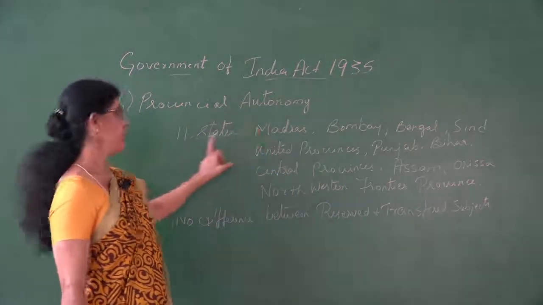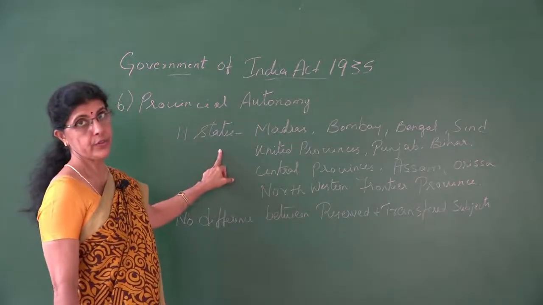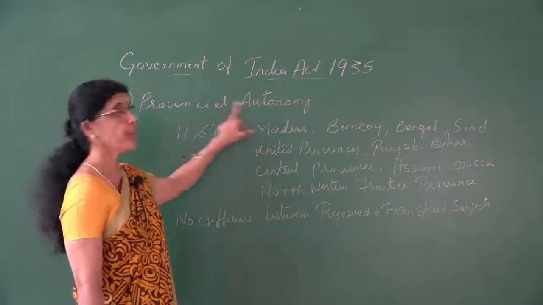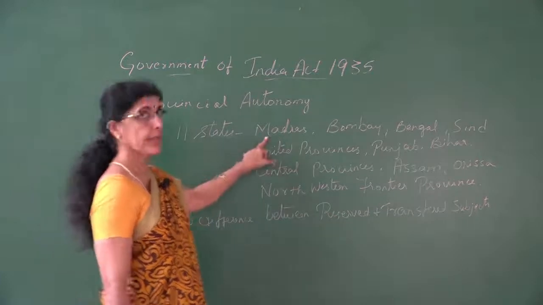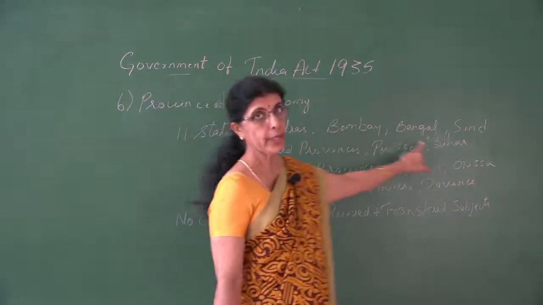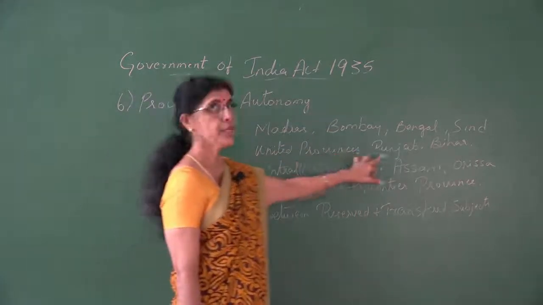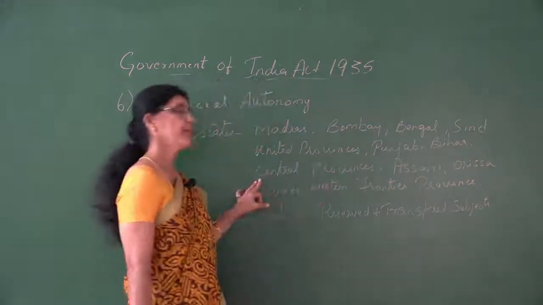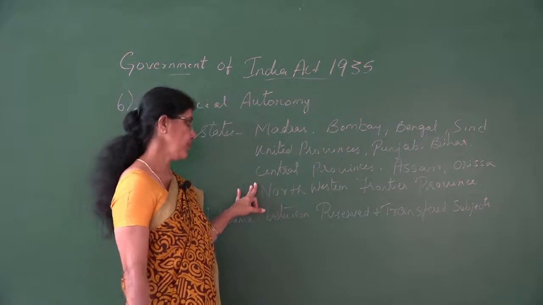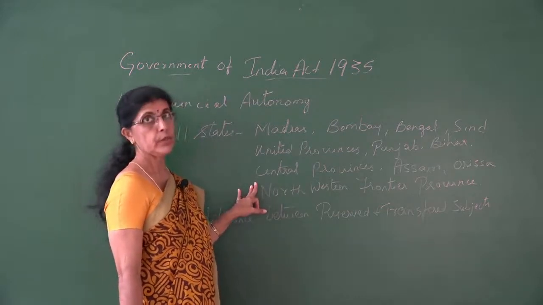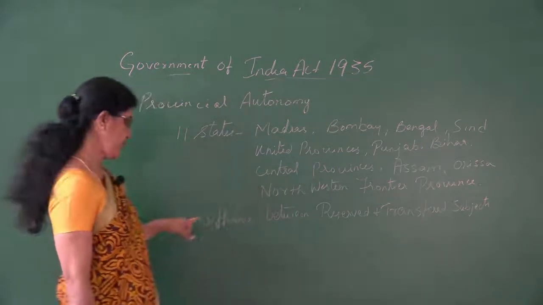This was suggested, and the 11 provinces which were introduced with provincial autonomy were Madras, Bombay, Bengal, Sindh, United Provinces, Punjab, Bihar, Central Provinces, Assam, Orissa, and the Northwestern Frontier Province.